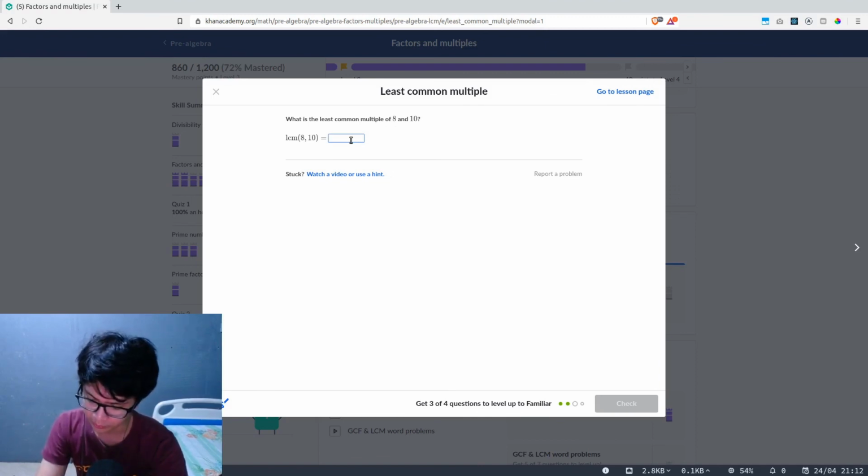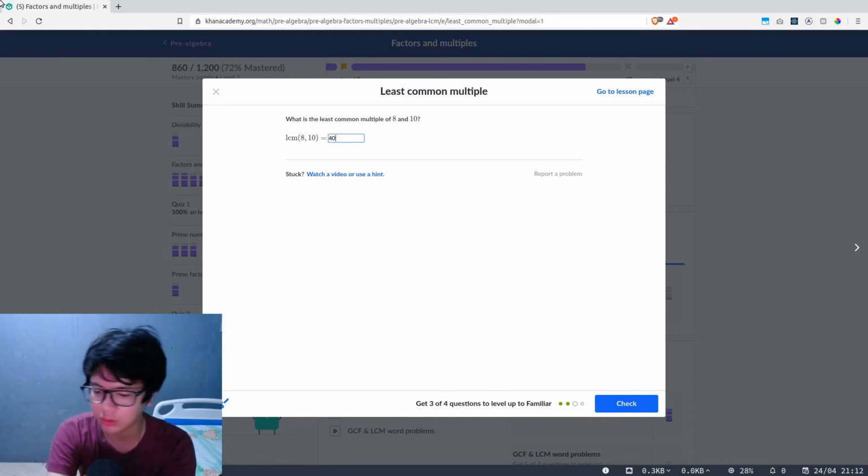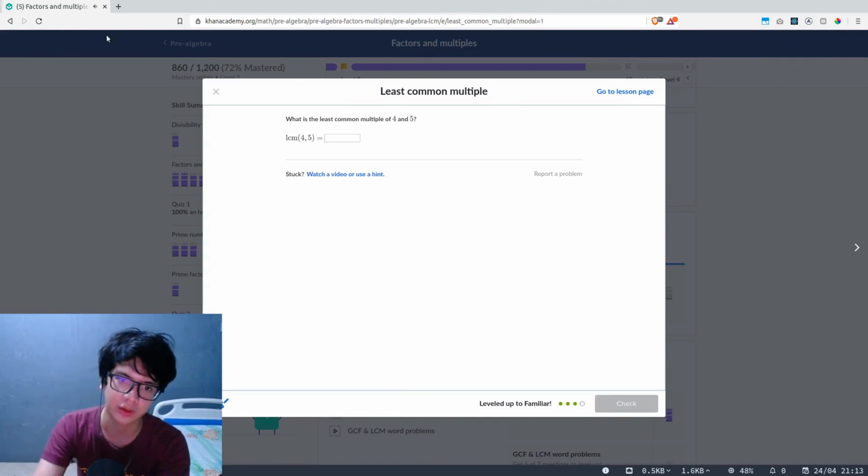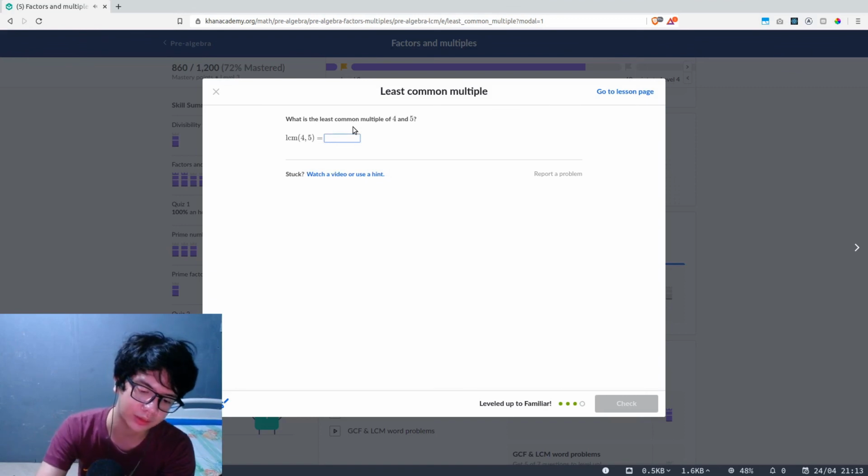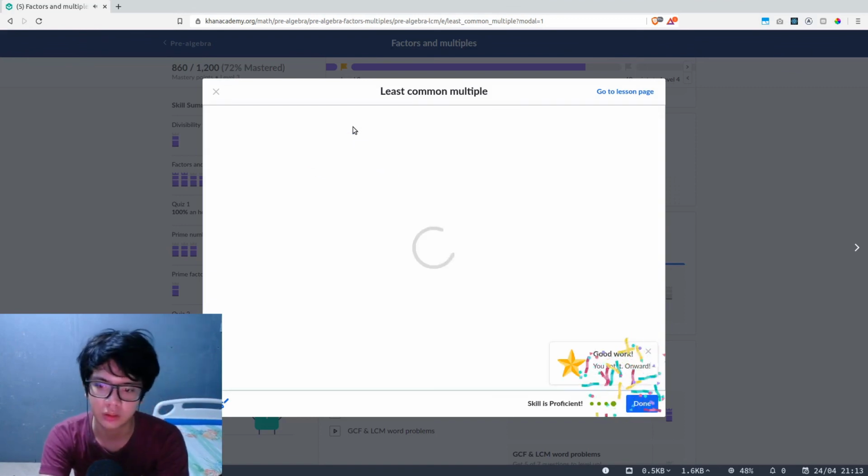Let's do 8: 2, 4, and then 2 times 2. And for 10, we have 2 times 5. So 8 times 5 is going to be 40. Okay, it could be said intuitively. Look at it like that. Intuitively.